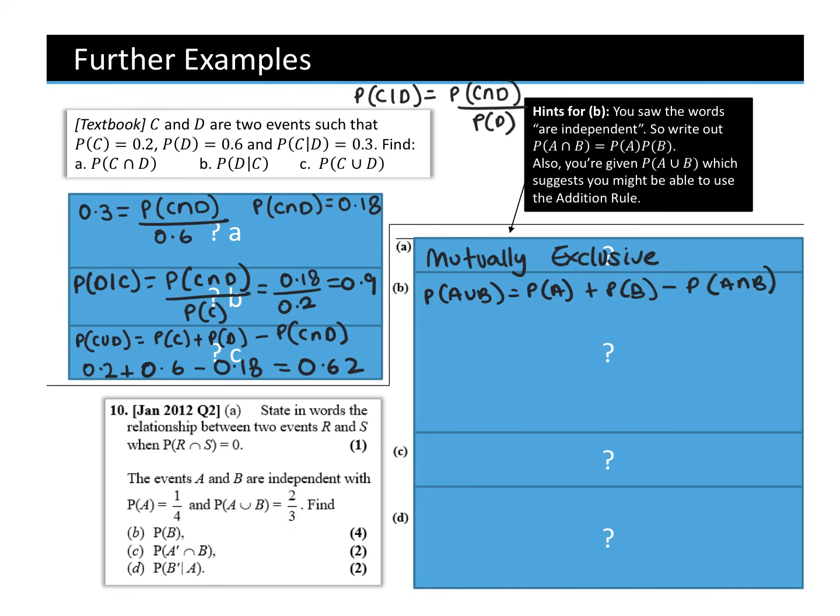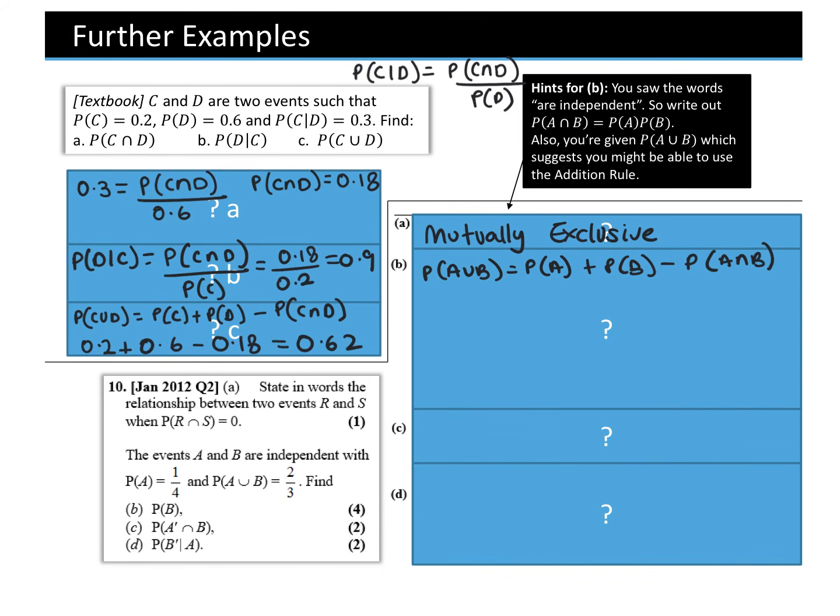Okay? So, what do we know? We know the probability of A is a quarter. We know the probability of A union B is 2 over 3. So, step 1, substitute. 2 over 3 equals a quarter plus the probability of B minus. Now, what do I also know about the probability of A intersection B? Well, it tells us these events are independent.